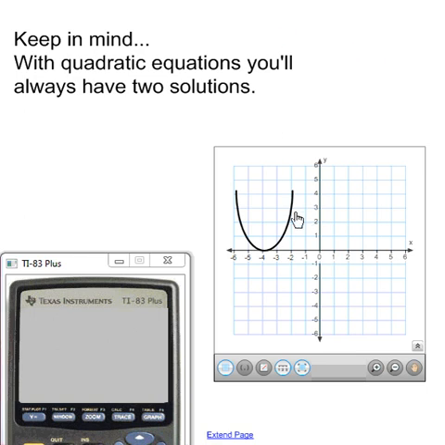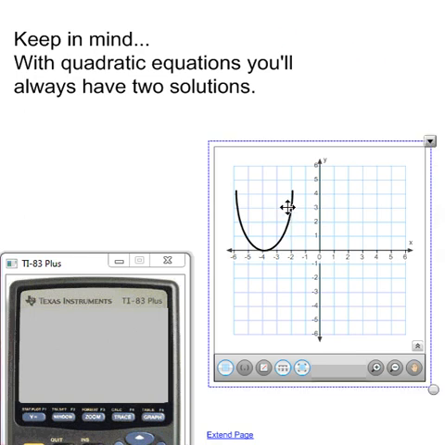Let's assume that parabola is tangent to the x-axis, meaning it's only intersecting it at 1 point here. Okay, it's not drawn to scale. So what happens there? Do you have two solutions there? Well, technically, yes. You have equal solutions. You would say x equals -4 and x equals -4.